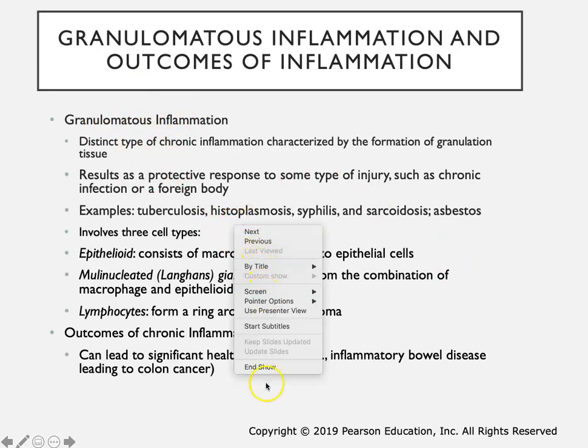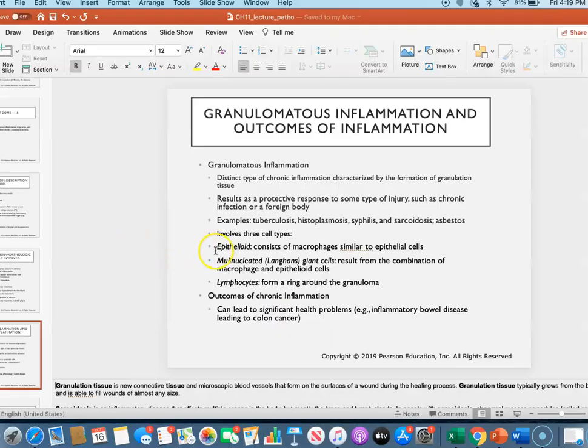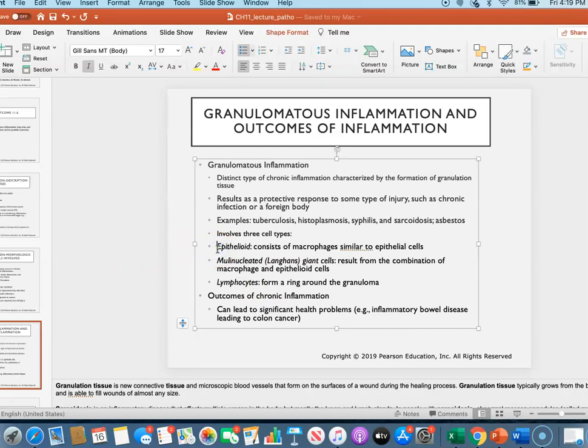The 3 cell types that are primarily involved in this type of inflammation are listed here. Let me just fix this because this should be tabbed in. So the 3 cell types are epithelioid, which consists of macrophages that are similar to epithelial cells, hence the name.